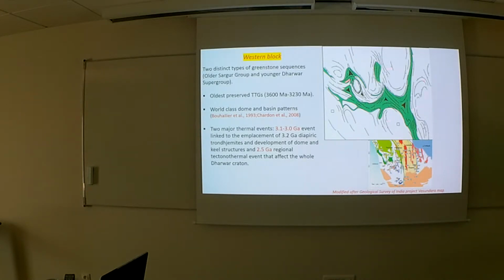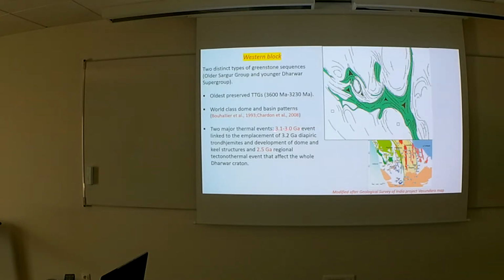So this block formed during the 3,600 to 2,700 million year history, but most of the crust formed during 3,600 to 3,230. The younger crust formed between 3,000 and 2,700 is subordinate compared to the volume of crust produced during 3,600 to 3,230 million years.